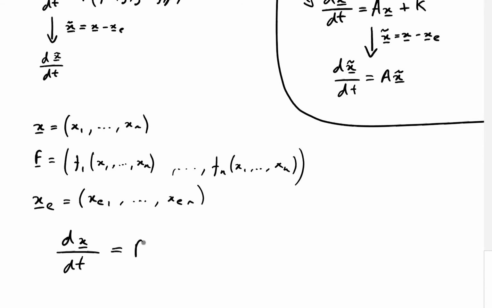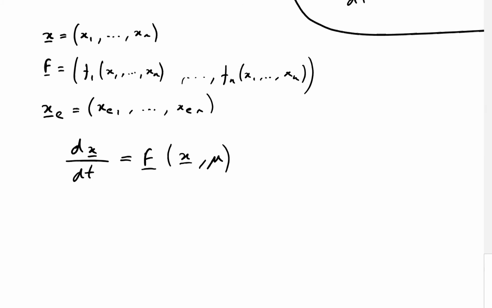Well, that's going to be our function, and then we're going to have all our variables in there, which I'm going to represent by x. So this is our operator, f, and that's going to contain all our functions of x, which is all of our variables, and then we're also going to have a constant vector which comes along, if you like, for the ride. So this is what we're going to end up with.